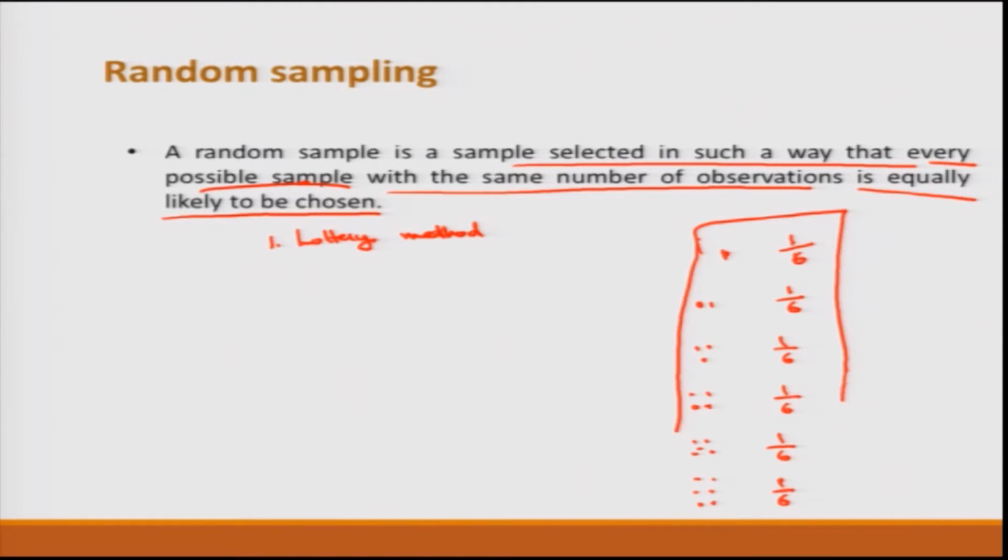The second is to use a table of random numbers. This one is used by researchers. This is actually the systematic way of conducting random sampling.